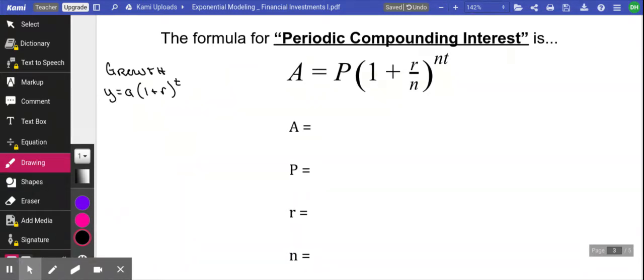So we're going to try to define each of these letters. So for us, the capital letter A is the amount of money after t years.